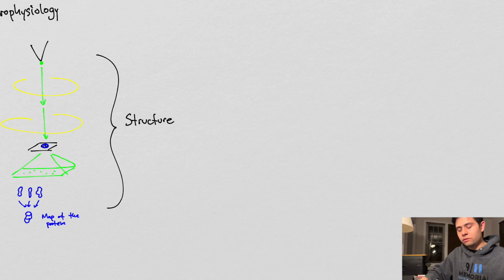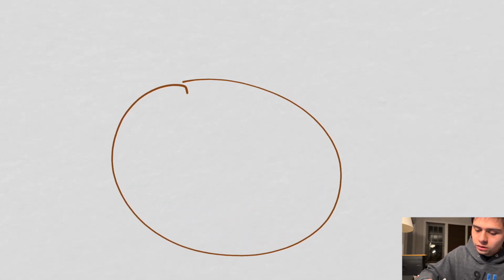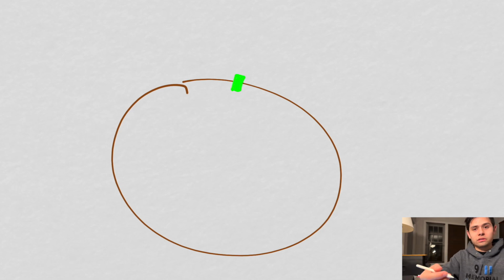So there's a bunch of different methods that go into studying the function of proteins, and electrophysiology is one of them. And essentially what you do is you take a cell. Here's my cell. And here is my protein on said cell. I'll draw it in green. Say this is a channel of some sort, or we're going to say this is a glutamate receptor, right?